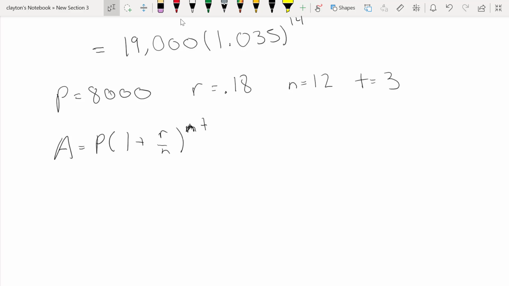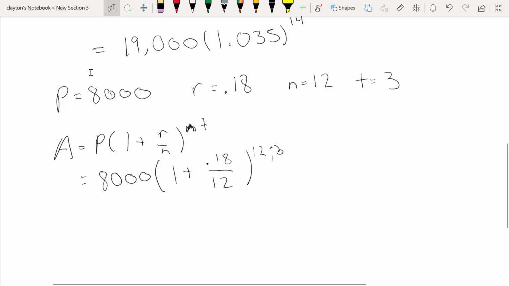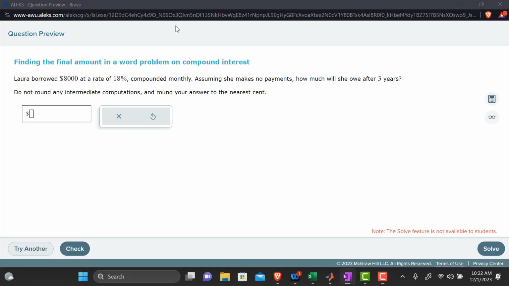So let's fill in all of our information. And we'll probably need to use the calculator early on. There's not going to be a whole lot to simplify here. 1 plus 0.18 all over 12, and then 12 times 3. And so let's simplify one thing here.